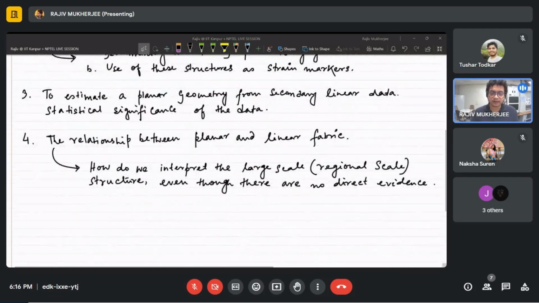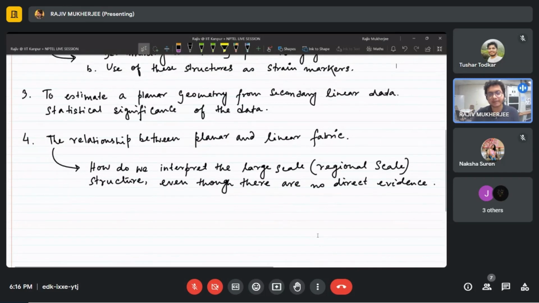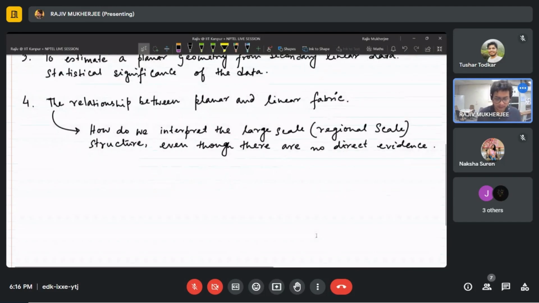So let us start with the first thing, which is the differentiation between the primary and, I mean, sin sedimentary deformation and tectonic deformation.